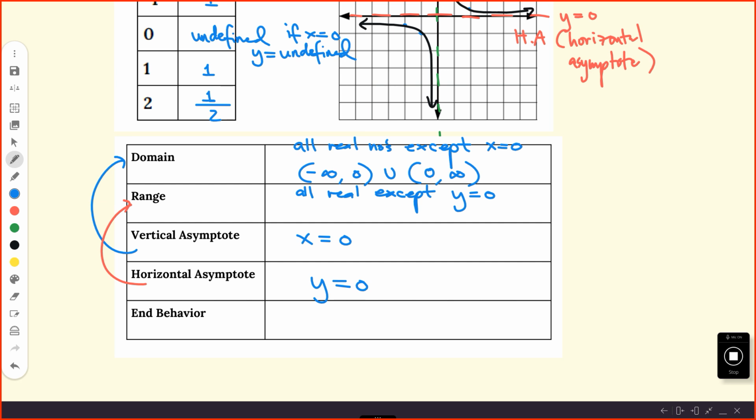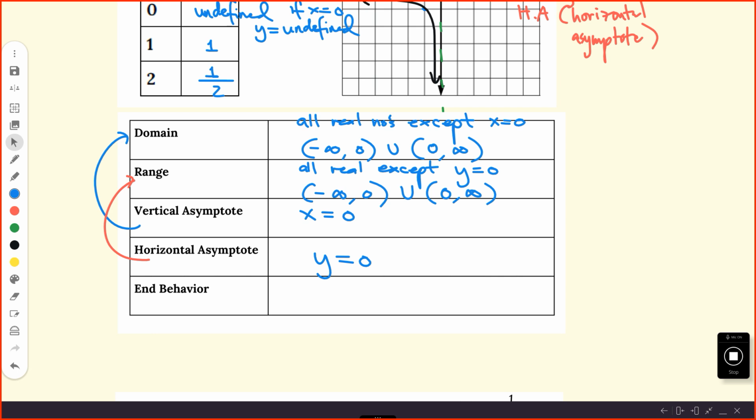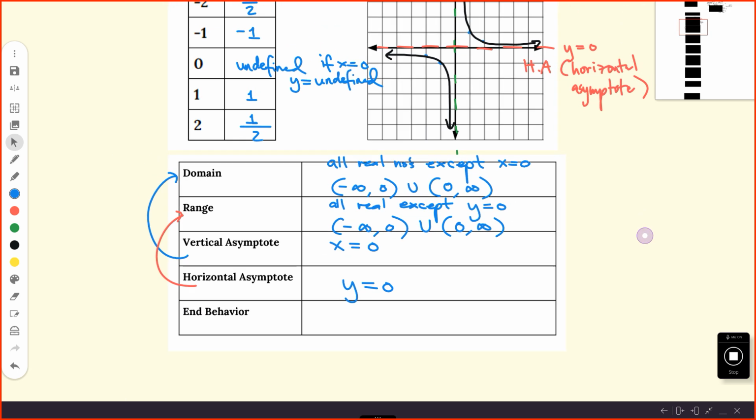So same thing, when you write this in the interval notation, we're excluding 0. So that's -infinity to 0, parentheses, union 0 to infinity. Okay? Now, what is the end behavior? If you look at the graph, where does the graph approach, especially for the y?